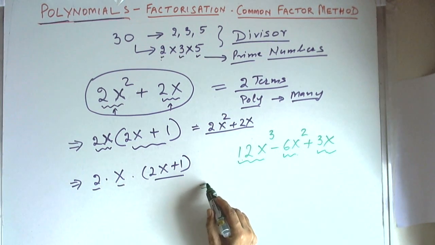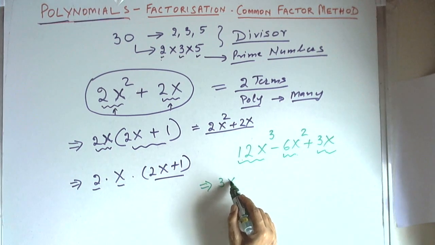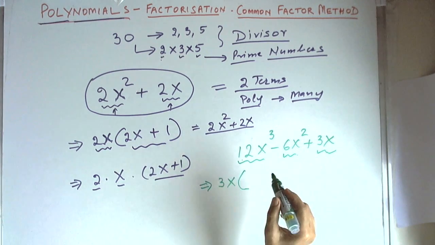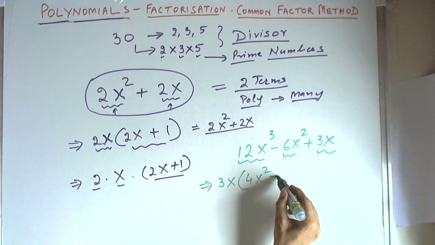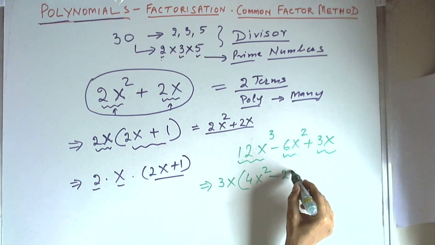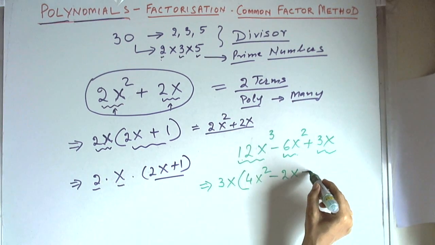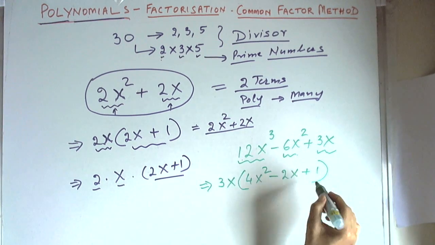So if we take 3x as the common factor, then we are left with 4x square minus 2x plus 1.